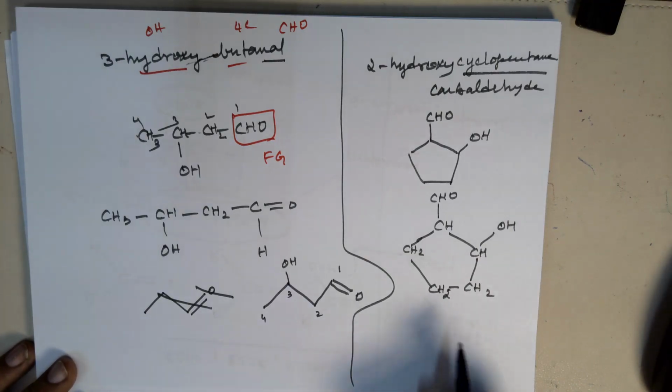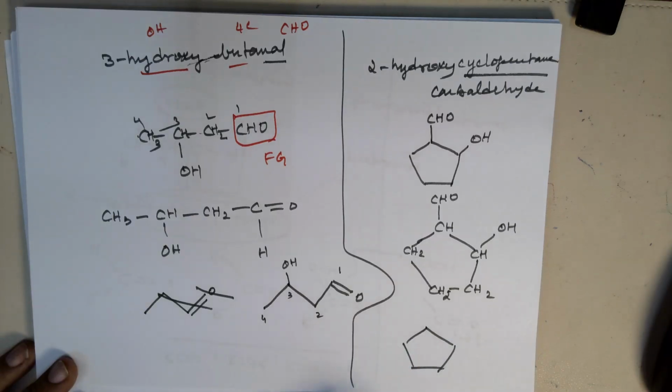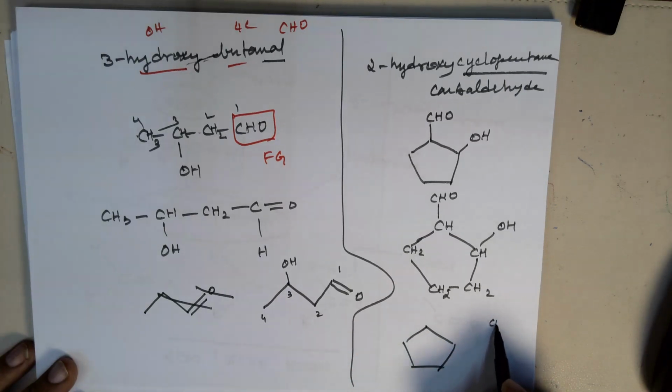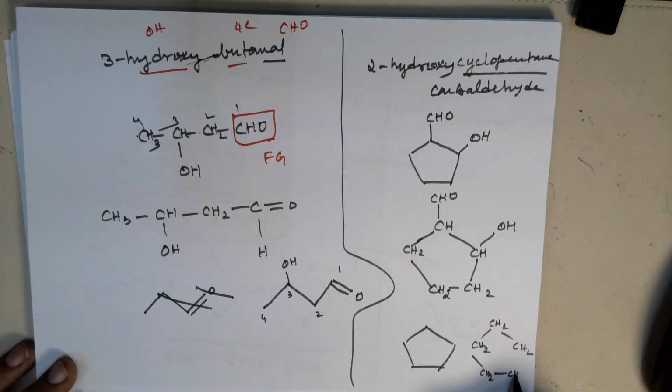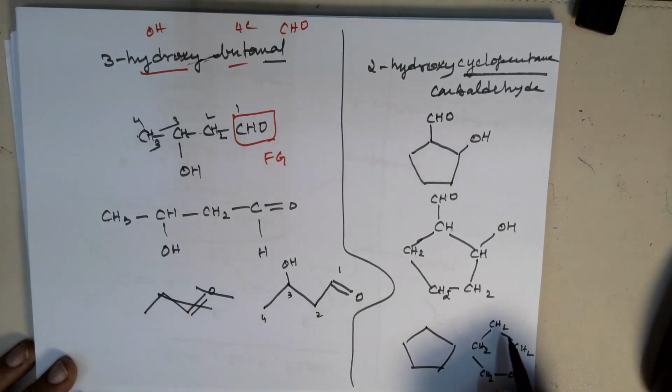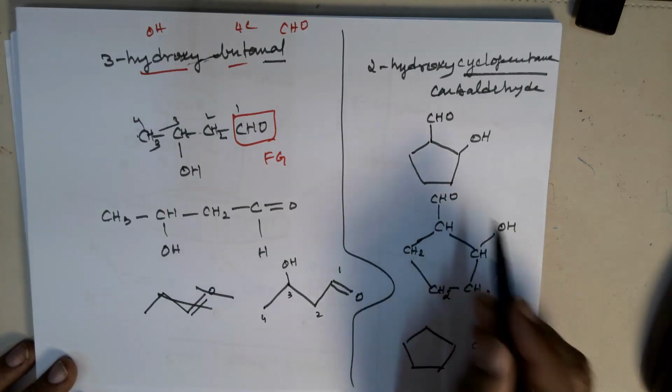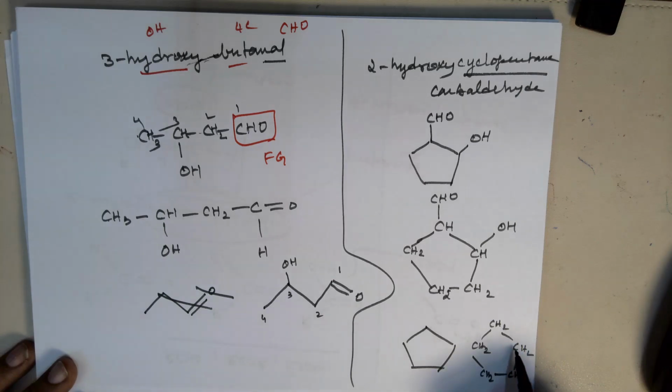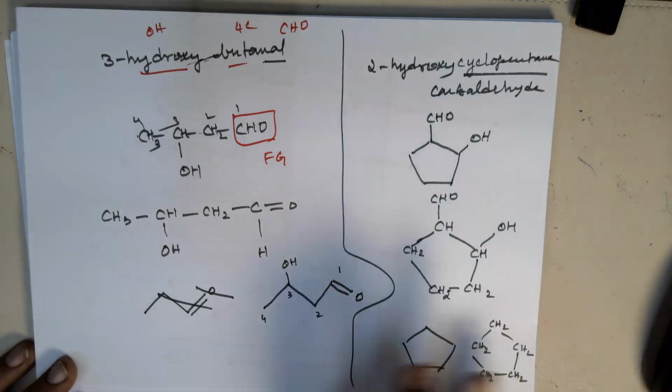So the cyclopentane is drawn like this, which means on each corner you have CH2, CH2, CH2, CH2, CH2. So instead of one hydrogen, you have got one CHO. Instead of one hydrogen from the second position, we have got OH. That's all.